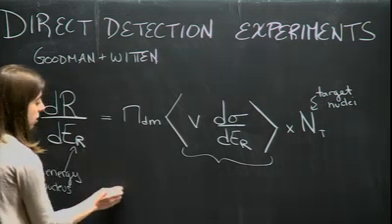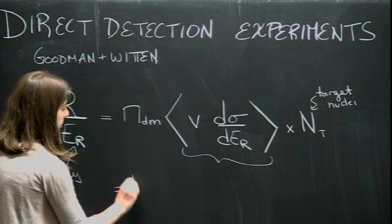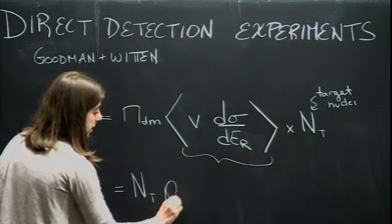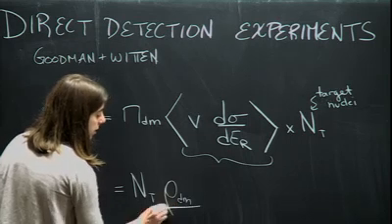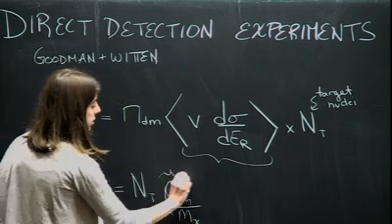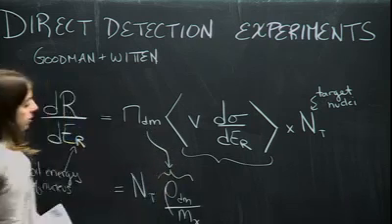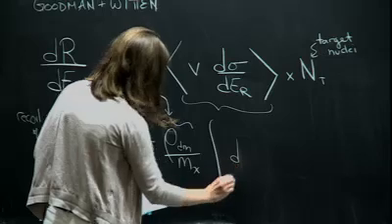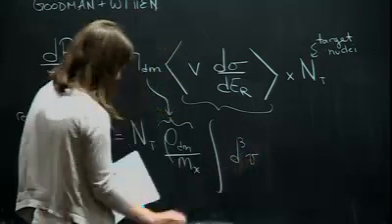So writing this out more explicitly, this just becomes the number of target nuclei, times my dark matter density over dark matter mass. This is just the number density for the dark matter. And then I have an integral over velocities.